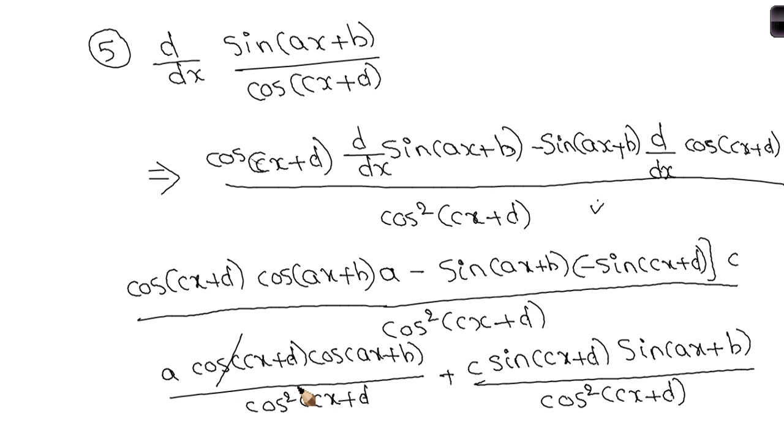The cos in the numerator and the cos in the denominator get cancelled, so I am left with a cos(ax+b) by cos(cx+d).